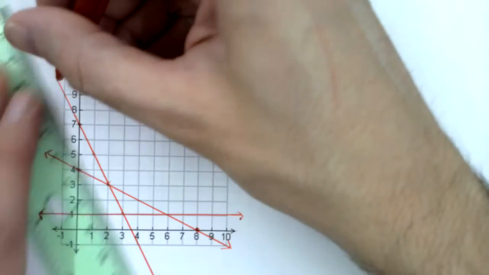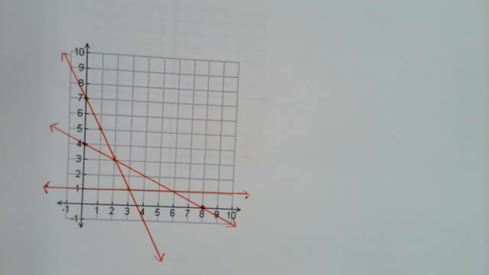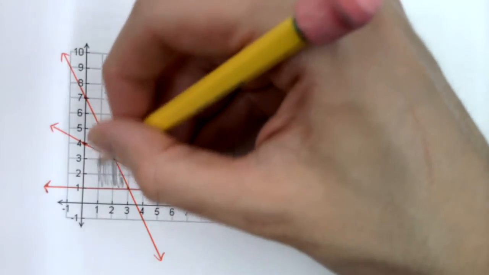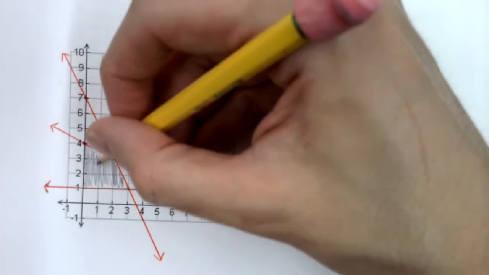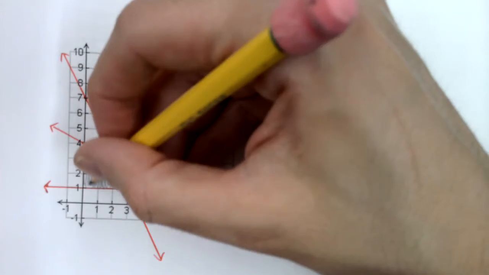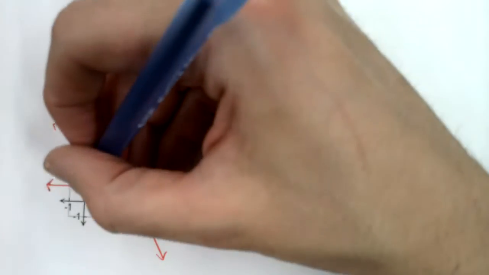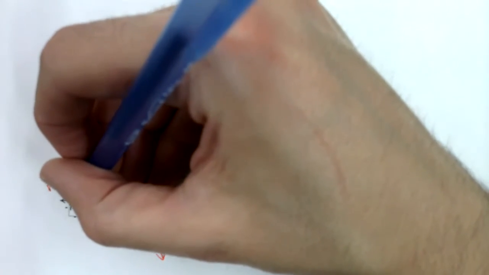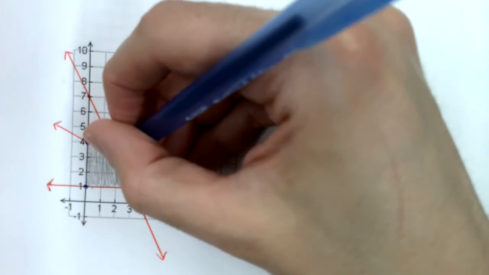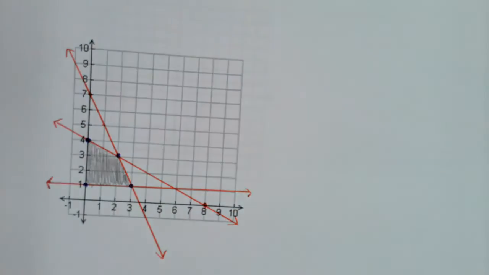So now when you do your shading, do like we've done previously. You can either pick a test point or use the shortcuts depending on the method. But when you shade it, this is going to be your feasible region right here. This one has 4 vertices.